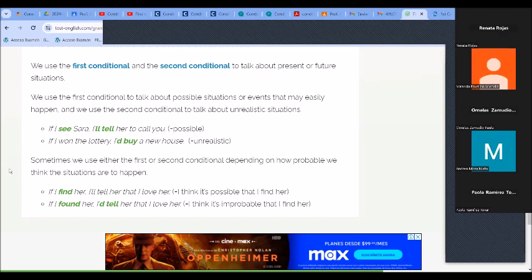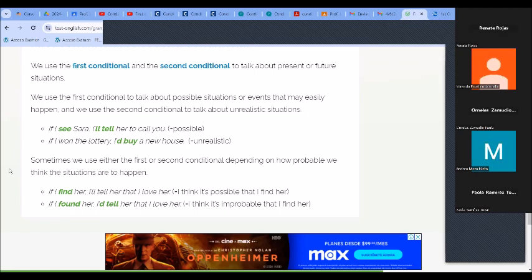If I see Sarah, I'll tell her to call you. If I won the lottery, I'd buy a new house. Sometimes we use either the first or second conditional depending on how probable we think the situations are to happen. If I find her, I'll tell her that I love her. If I found her, I'd tell her that I love her.